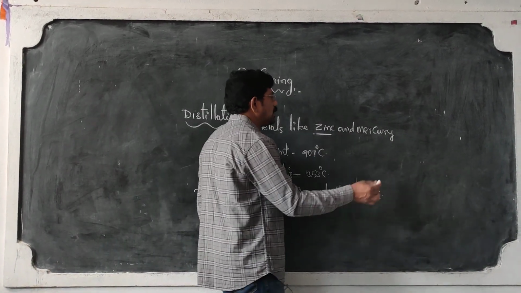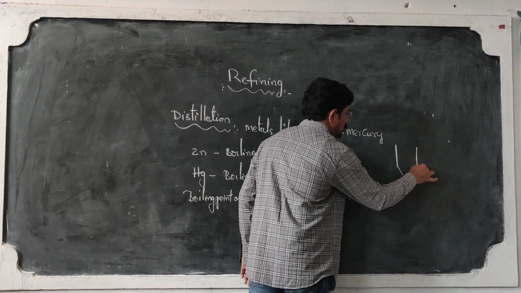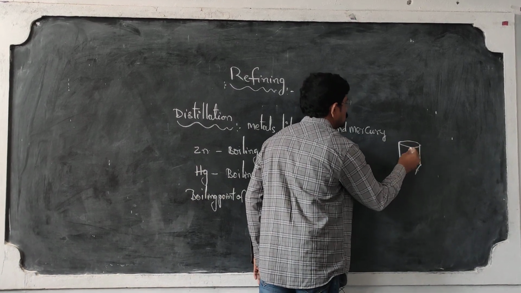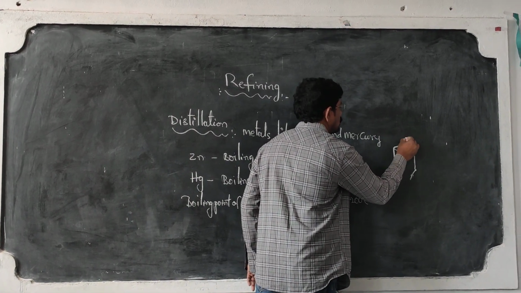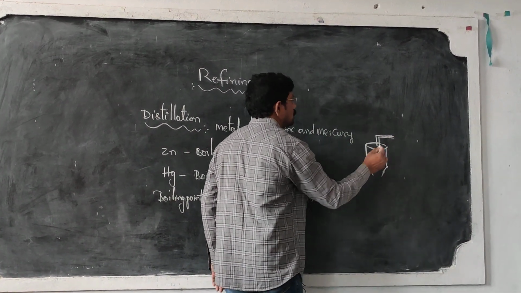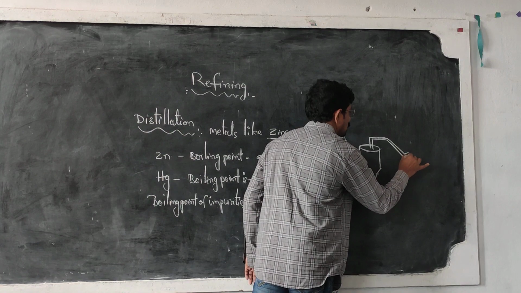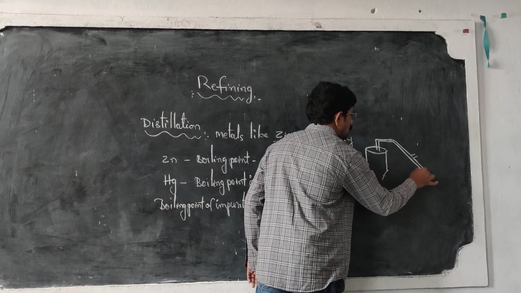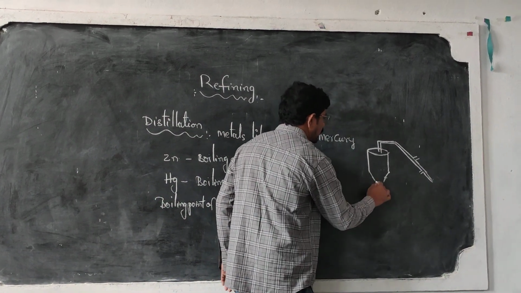So when this metal along with the impurity is taken in the retort, this is the retort, the diagram is not given in your textbook.